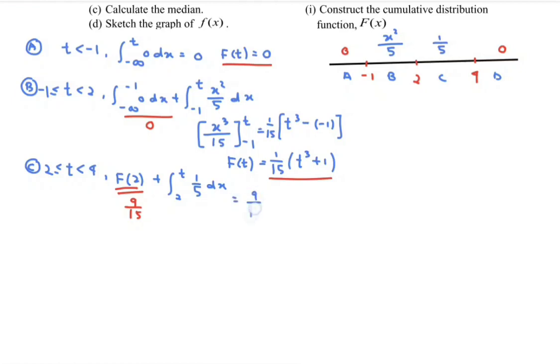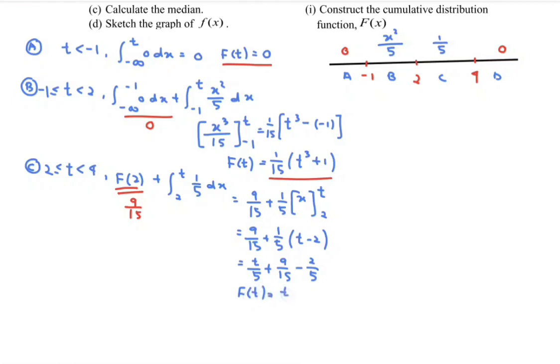We have 9 over 15 plus x over 5 evaluated from 2 to t. Kindly substitute: we have 9 over 15 plus 1 over 5 in brackets, t minus 2. Kindly simplify. So here we will have t over 5, plus 9 over 15 minus 2 over 5. So in here we can say that F(t) is equal to t over 5 plus 1 over 5.